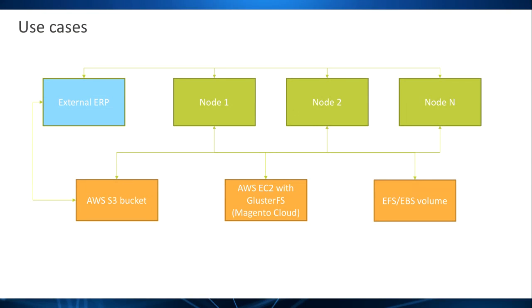With EFS and EBS, it will be a bit different, but it will still be inside of the AWS network. And with S3, as I said, you can use it with external ERPs. You can implement your different mechanism because data will be available from all over the world if you want.